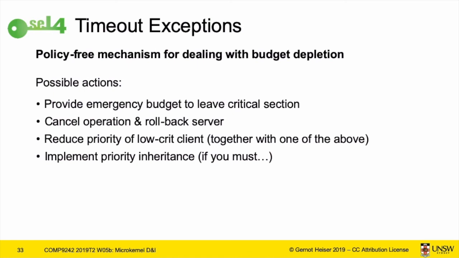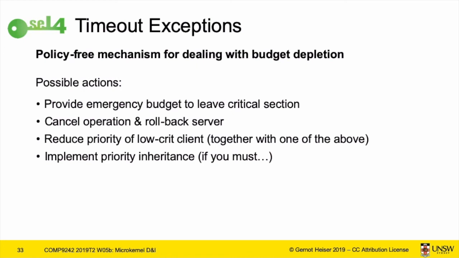So it's his problem if he loses. We just roll back the server, abort the IPC and let the next client operate. Obviously this puts certain obligations on the server. It's got to be either stateless or implement a transaction-like model that can be reset, which in many cases is very straightforward to do.